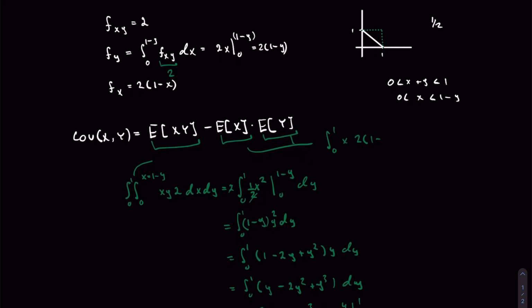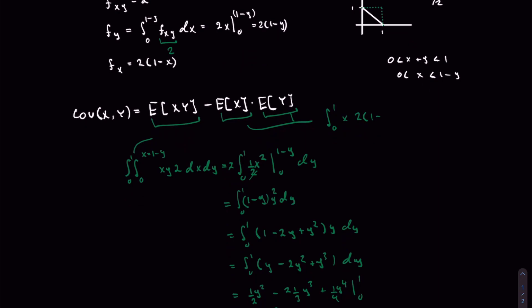Because you have the joint, what you want to marginalize out is the x side, and so we take the integral over x. What remains is a variable of y. So this here is x times 2(1 minus x) dx.